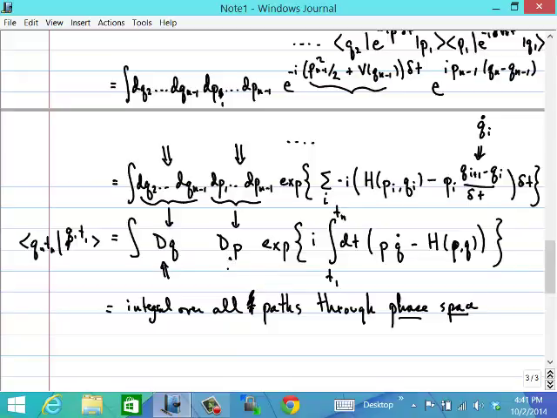Because the boundary conditions, remember, are that Q at t1 is equal to q1, and Q at tn is equal to qn, but the momenta are unconstrained. Now, if we had instead tried to compute the transition amplitude between momentum eigenstates, instead of position eigenstates, we get the exact same expression except that the boundary conditions on the path integral would be different.